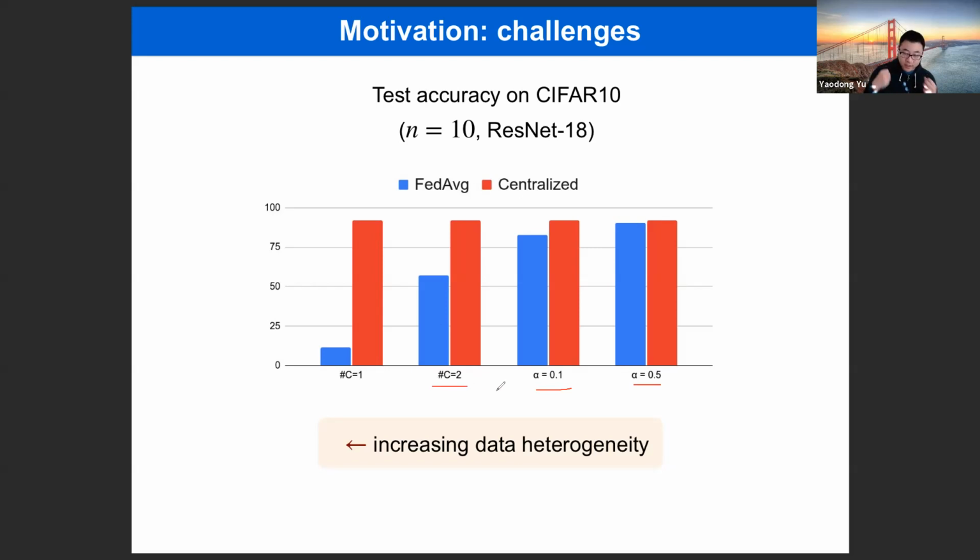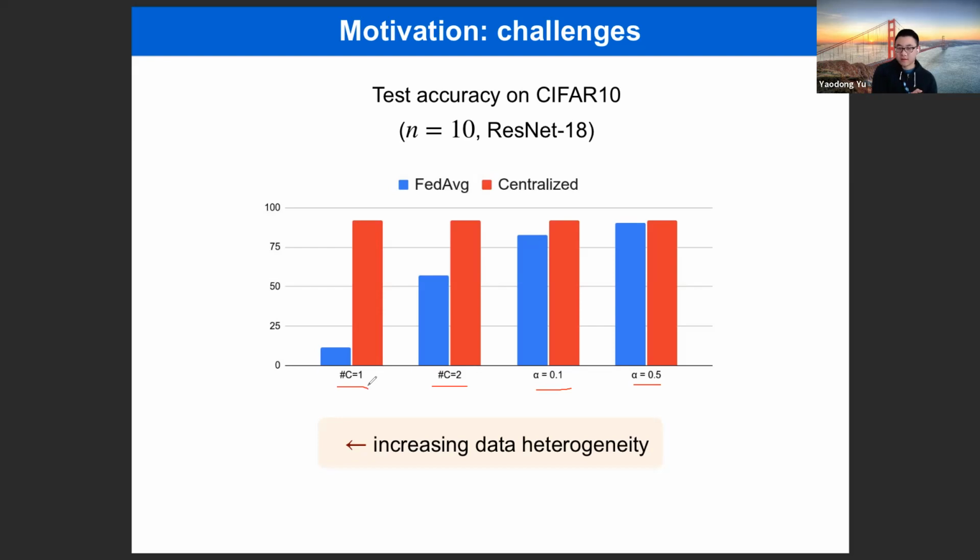To make the problem more challenging, we consider the case that every client only has 2 classes. So basically every client has samples from, say, class 0 and class 1. It's a pretty challenging case, and in this case, the accuracy drop is much larger. And in the extreme, very pathological case, every client probably only has 1 class.